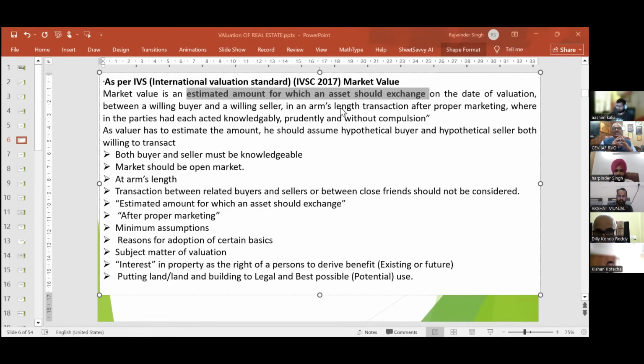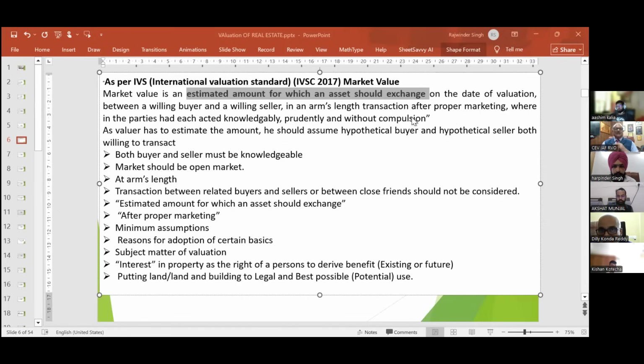In an arm's length transaction, after proper marketing, wherein the parties had each acted, how did they act? Knowledgeably, prudently, and without any compulsion. This is the most important definition to be learned as a valuer. If someone wakes you at 2 in the night and asks what is meant by market value, you should say it word to word.